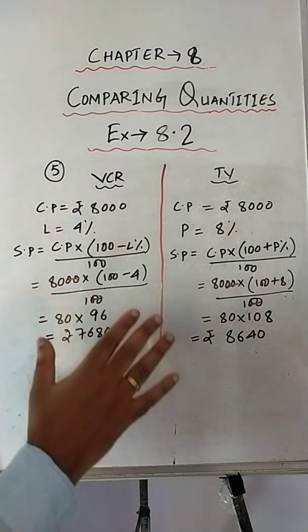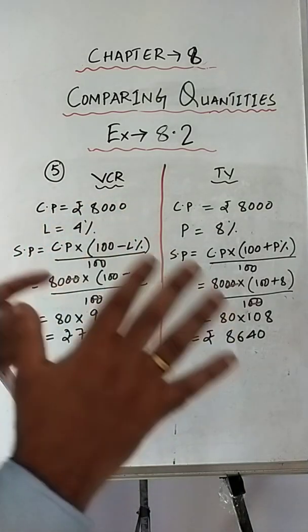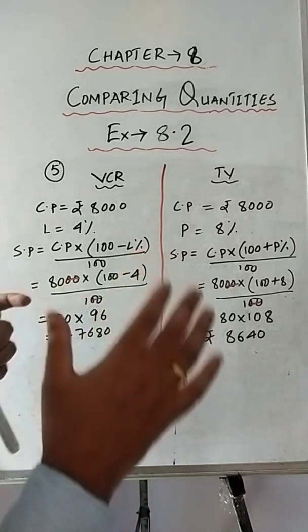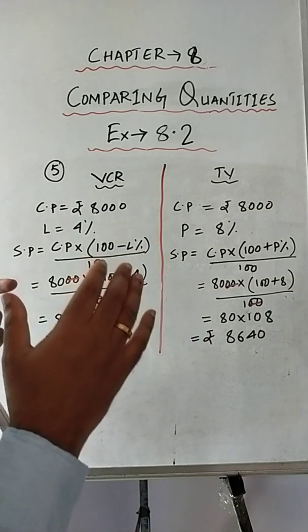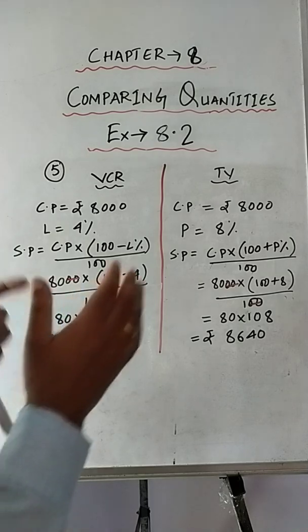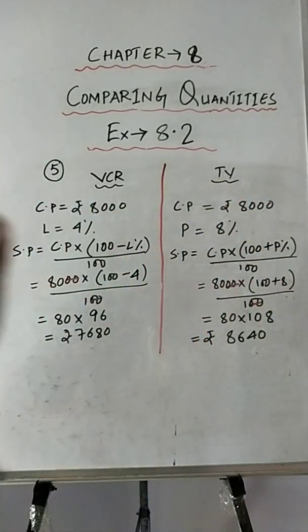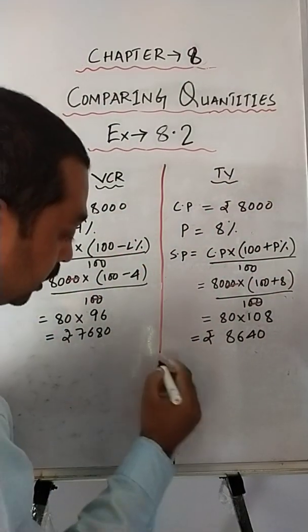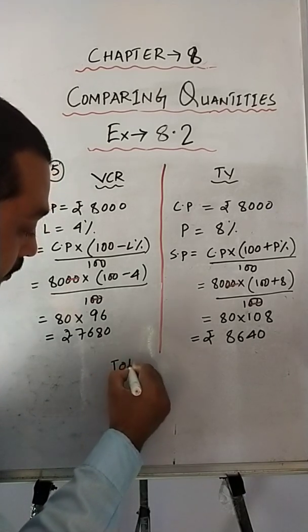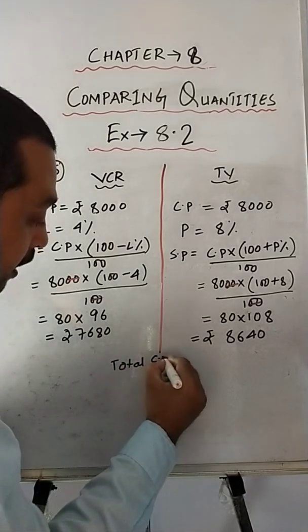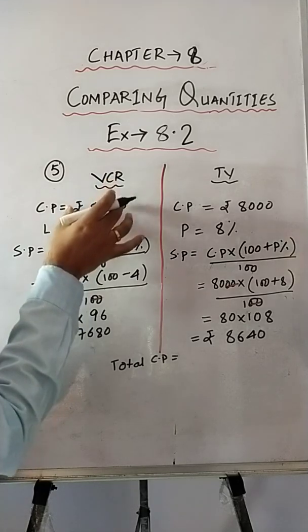So after the calculation, you will just justify whether the answer is going with the logic or not. Okay. So now the next thing is that we'll see whether the shopkeeper is having a profit on the whole transaction or is making a loss in the whole transaction. For that what you have to find out? Total CP. What is the total CP of VCR and TV?